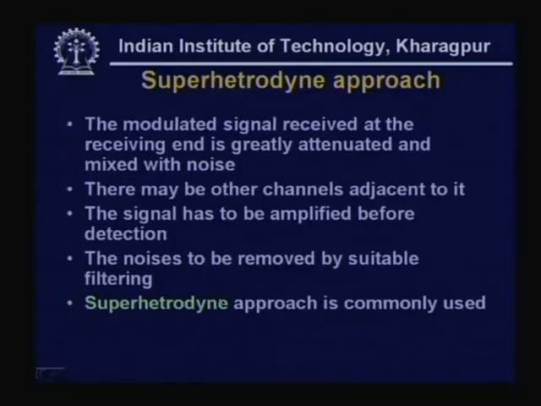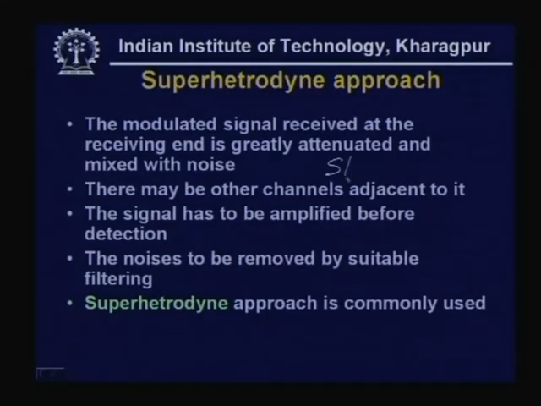Of course, the modulated signal received at the receiving end is greatly attenuated. As you know, the signal is passing through a long distance, and the attenuation is proportional to 1 by distance square, so if the receiver is at a long distance, the signal will be highly attenuated. Not only that, the atmosphere is always generating some noise when there is lightning, sparks, and various other atmospheric disturbances.